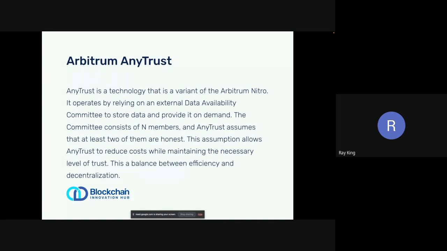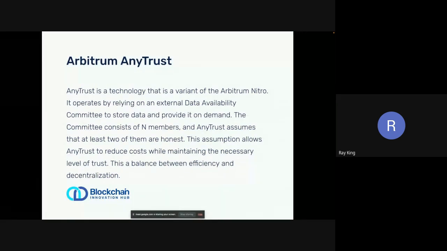Do you have any question? Or are we still confused on how AnyTrust works? Please, if you want me to go through it again, I can go through it. So just signify.